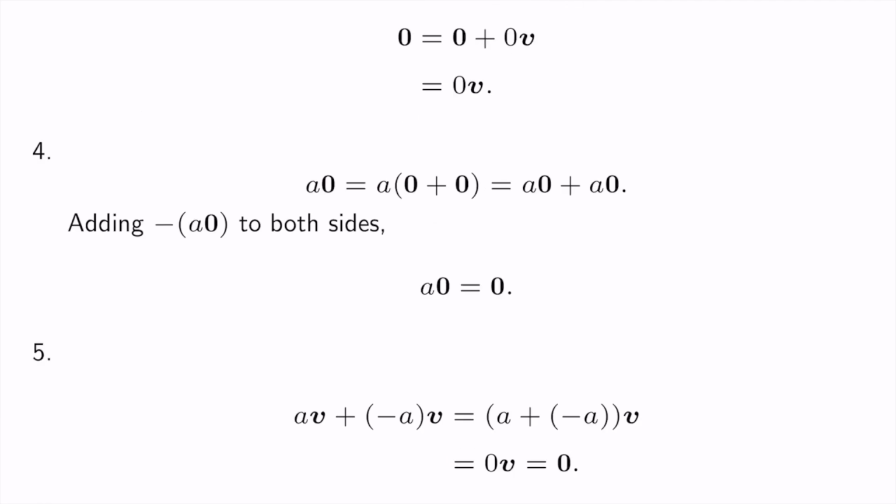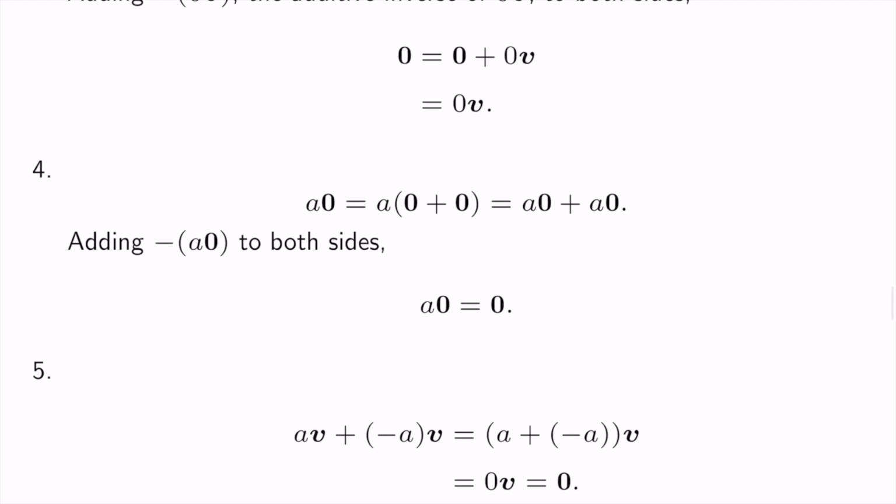And next, multiplying any scalar to the 0 vector gives the 0 vector. To prove that, we expand like this. So a times the 0 vector is equal to a times the 0 vector plus the 0 vector, because the 0 vector is a zero vector, so adding that doesn't change it, right?